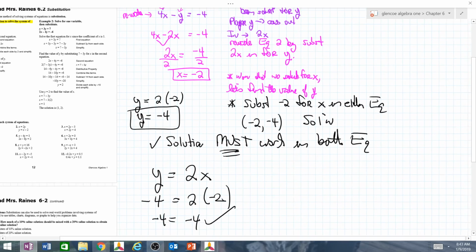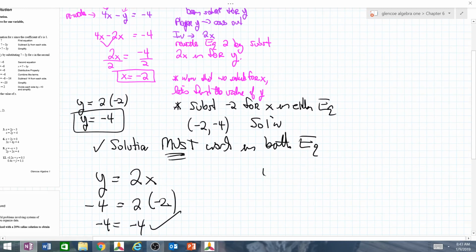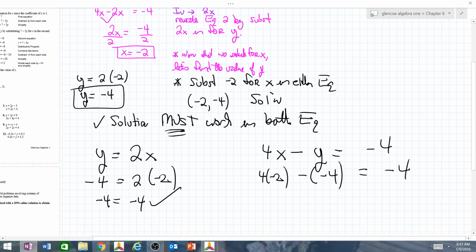It works there. Now let's check it in the second equation. 4x minus y equals -4. x is -2. 4 times -2 minus -4 equals -4. -8 plus 4 equals -4. -4 equals -4. That is a true solution. Are you with me? Anybody have a question?